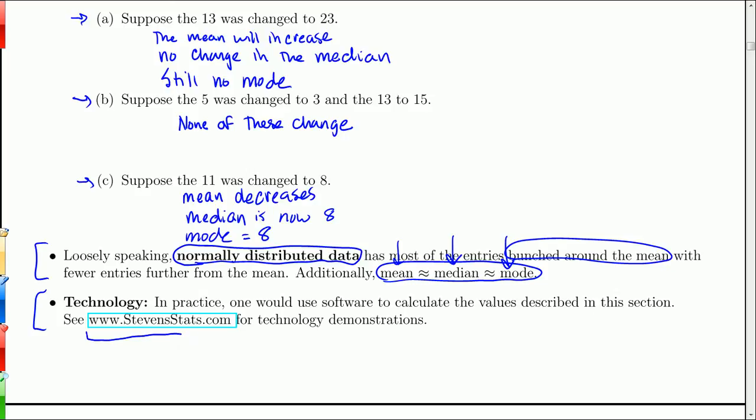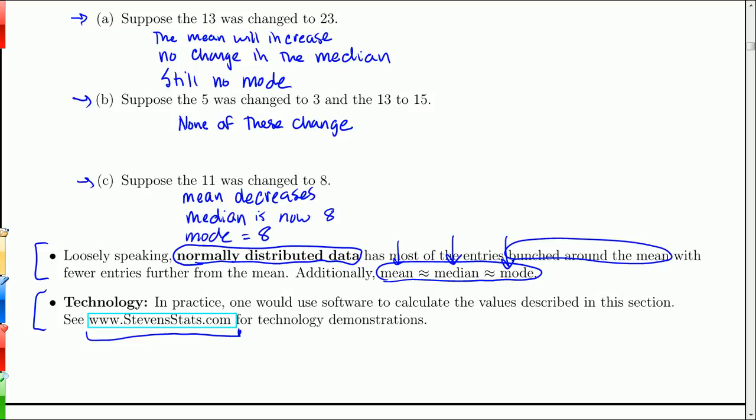And demonstrations for how to calculate averages with various software is given at stevenstats.com. We have Excel, SPSS, Minitab, and the TIs. So if you need to do that with software, you can go to that website and check out some demonstrations. Some of them are video, some of them are paper.